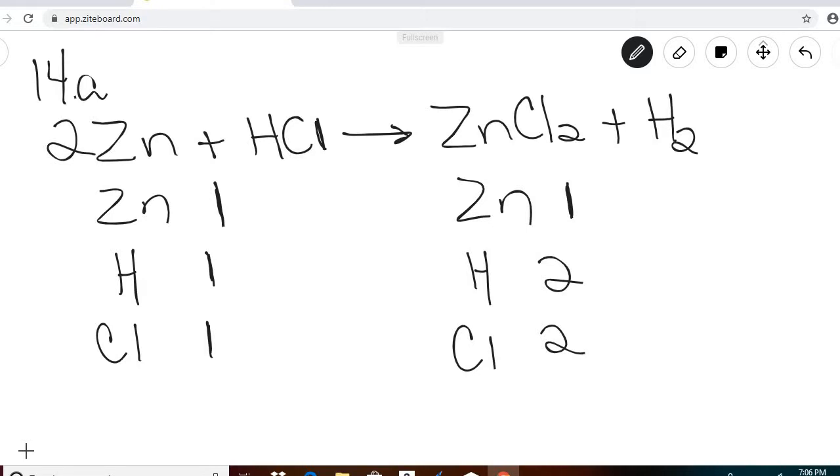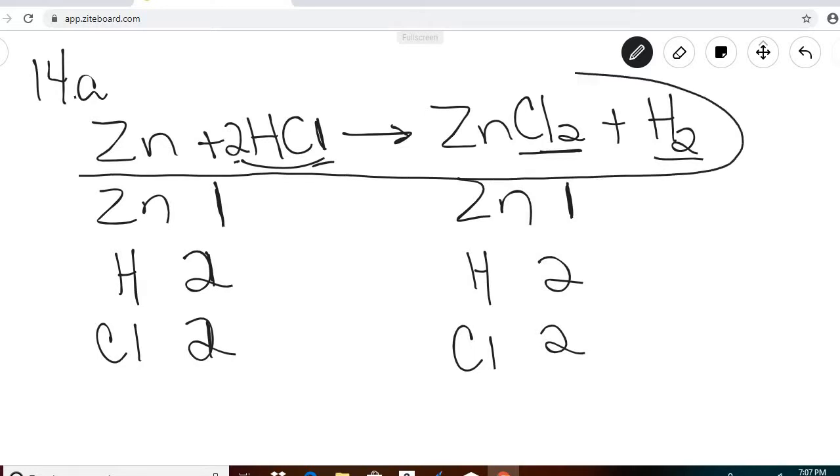The zinc was okay, we don't need to worry about that. We have 2 hydrogens, so if we put a 2 here, that will give us 2 hydrogens. We have 2 chlorines, and adding that 2 there also gives us our 2 chlorines. So now we have 1 zinc, each side has 2 hydrogens, and we have 2 chlorines on each side. So this is the balanced equation for 14A.